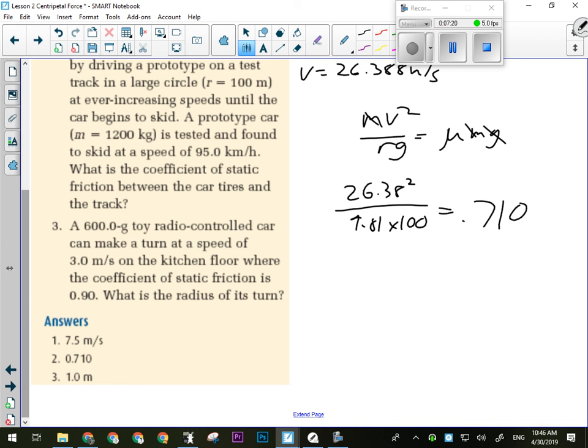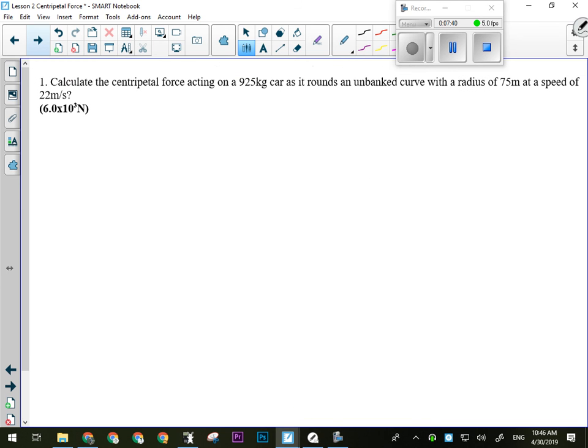If you found the acceleration produced by each one of these forces, which is maybe where you went, then yeah, you would have got bigger numbers. But in the end, because mass didn't matter, what we really had over here was v squared over r, which is how we calculate acceleration. I don't think we need to do number 3 because we've already done a few like that.